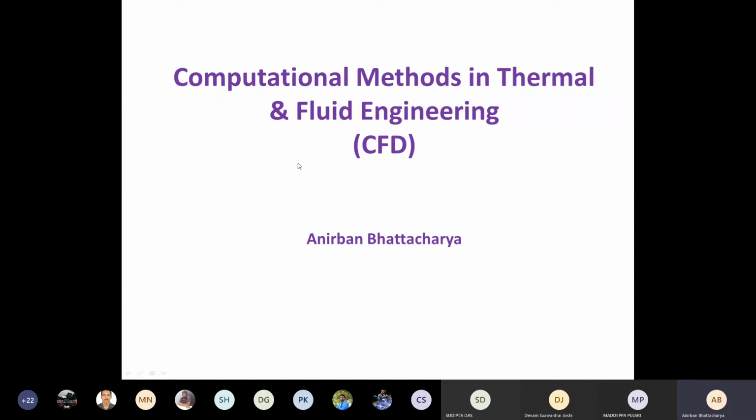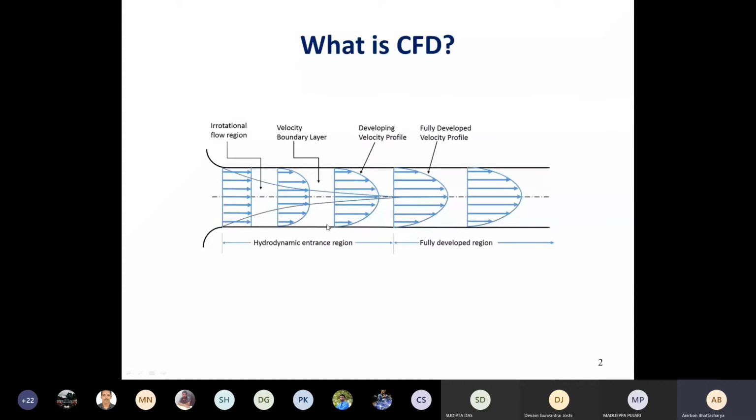So what is CFD? Again, many of you or most of you may be familiar with this, but for those of you who do not have any exposure, I will start from the very basics. Let us take a very simple example: flow through a cylinder.